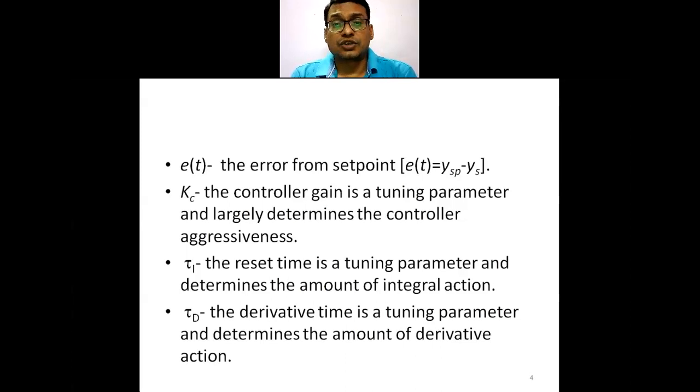A distillation column will behave differently, even for the same distillation column, if you are operating with different chemicals or with a different composition, this tuning parameter or the derivative or integral time will also change.